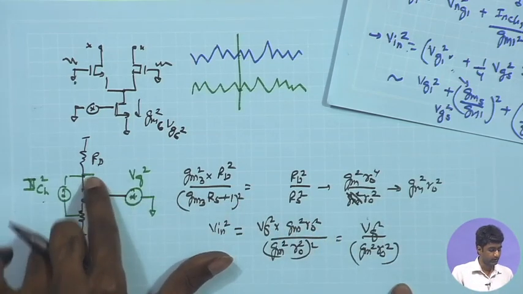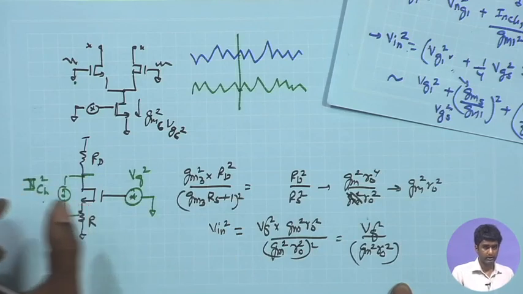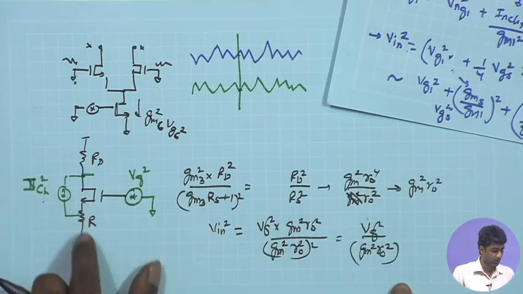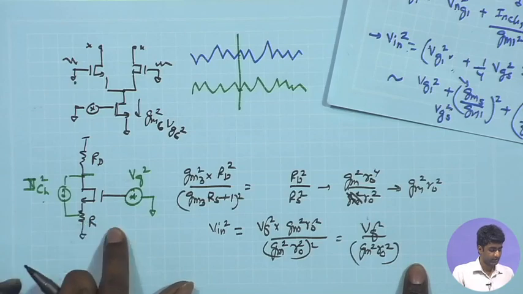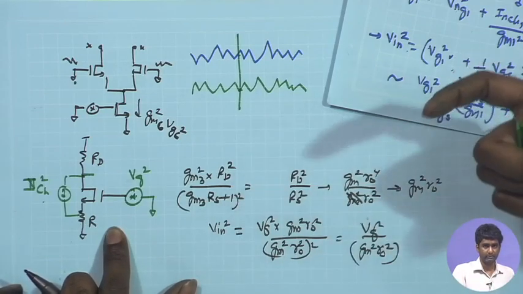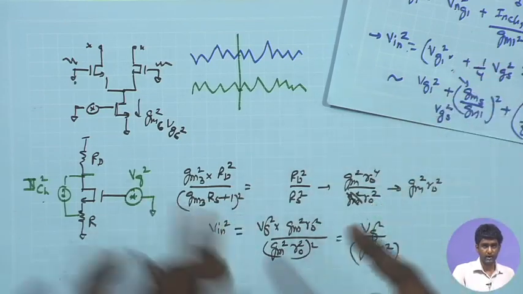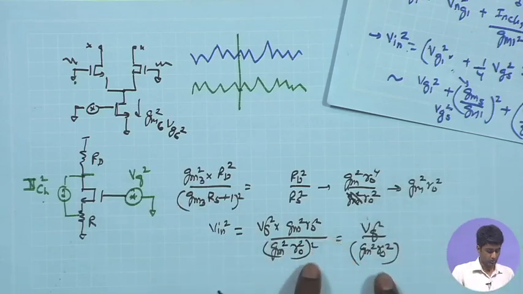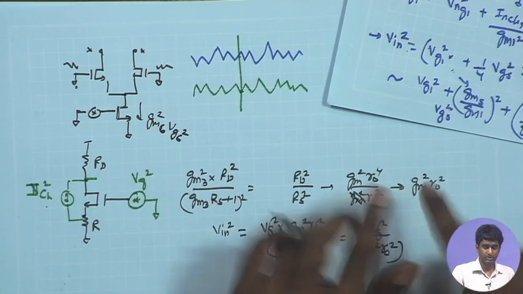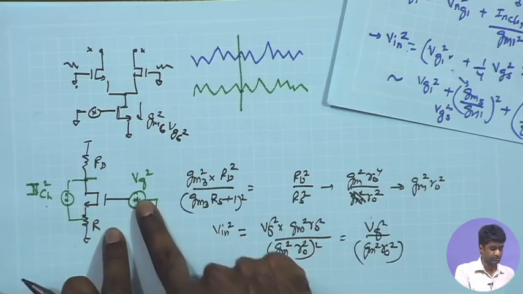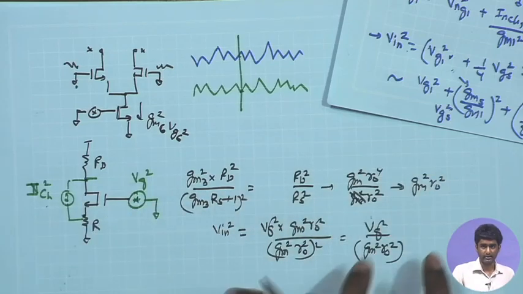Even at the output, if you consider, for example, the input devices or the devices which are connected to the sources, their VG squared is directly getting multiplied by the gain of the amplifier, which is gm squared RO squared. So there you have a multiplication factor which is (gm RO) whole squared, whereas the contribution of this source is lower by a factor of gm RO.